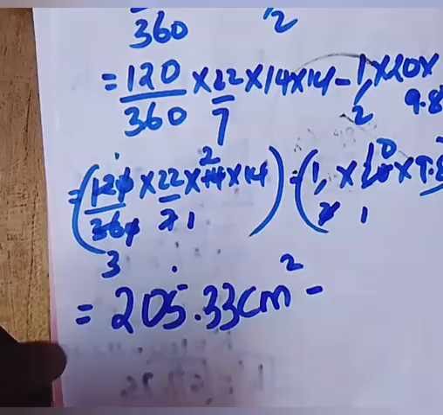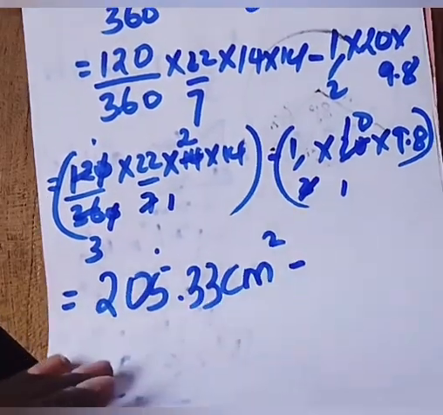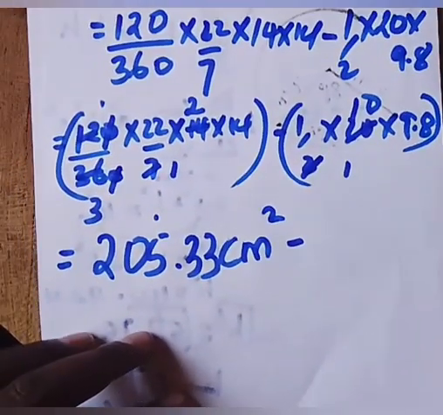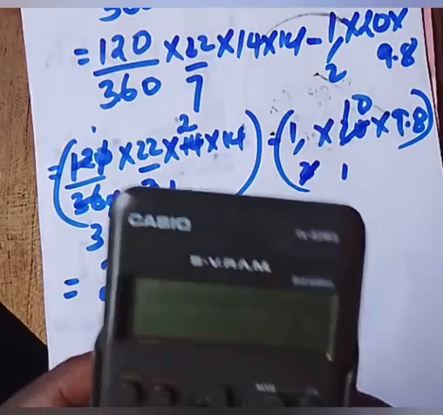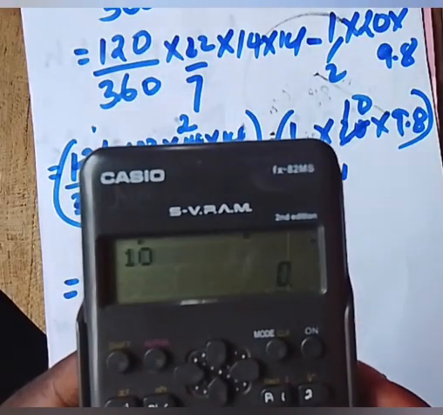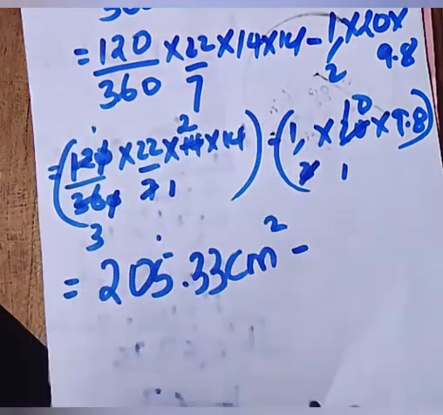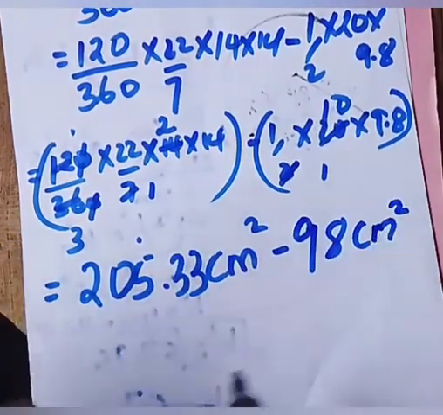Let's look at the other part of the question, which is 10 times 9.8. So 10 times 9.8 is 98 centimeter square.